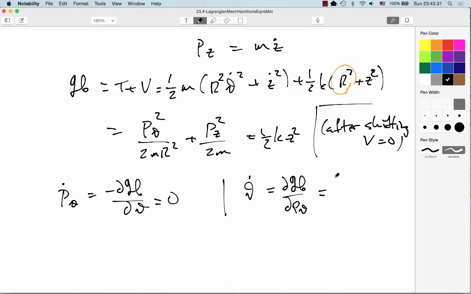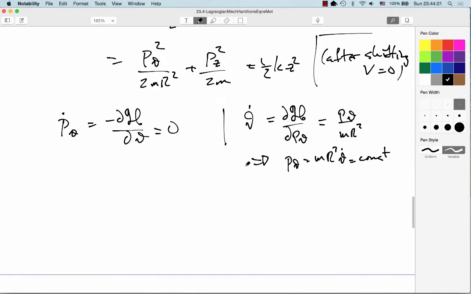That one's going to give me p theta over mr squared. So that tells me that p theta, which equals mr squared theta dot, is a constant. We know that's a constant because theta is ignorable. All right, so nothing new there.